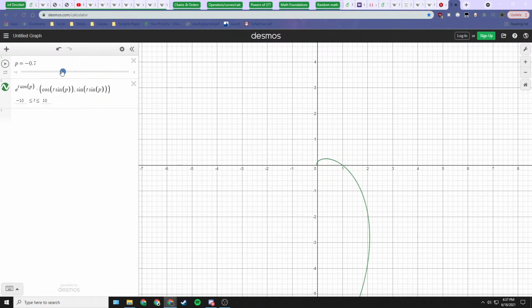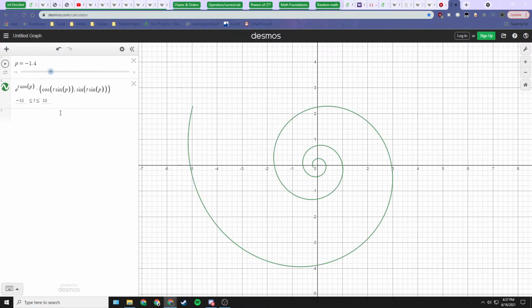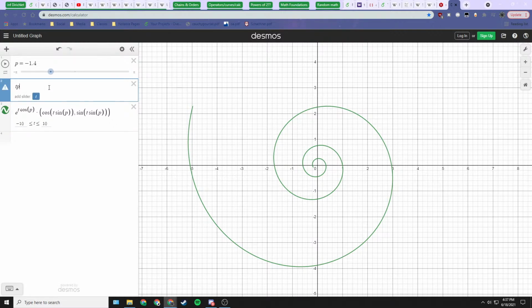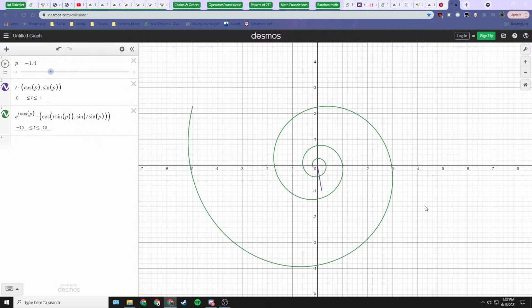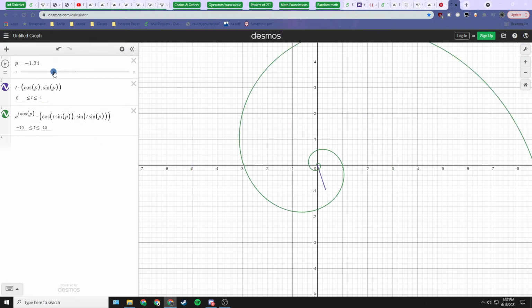So these are the logarithmic spirals. We can actually do a little visualization here. We can do t times cosine p and then sine p, and t can go from 0 to 1. So this is a nice visualization. p is our angle.